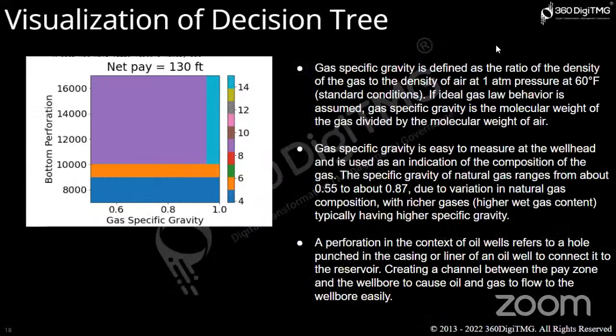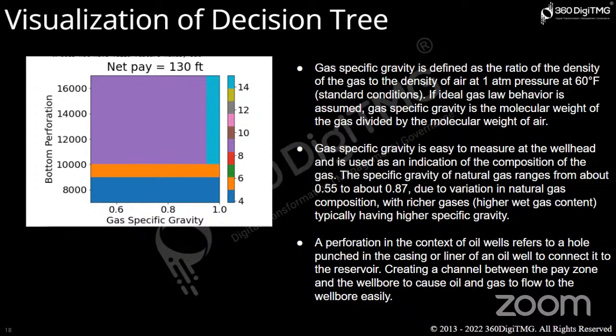In this graph, if I look into this visualization, I can see that the net pay is 130 feet. At 130 feet, I have taken gas specific gravity. It is defined as the ratio of the density of the gas to the density of air, at 1 atmospheric pressure and 60 degrees Fahrenheit.